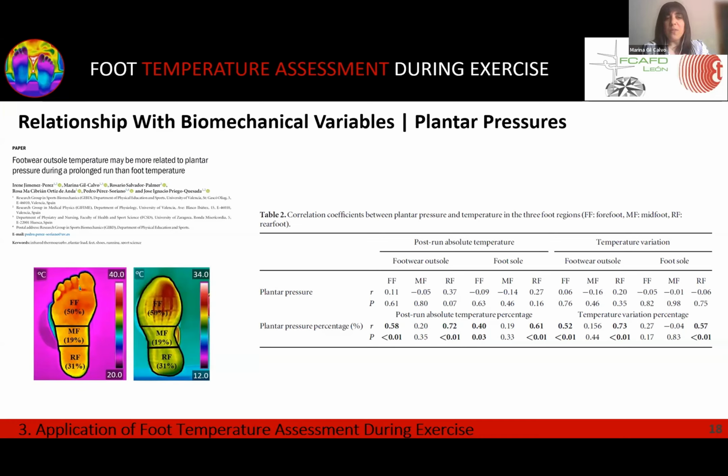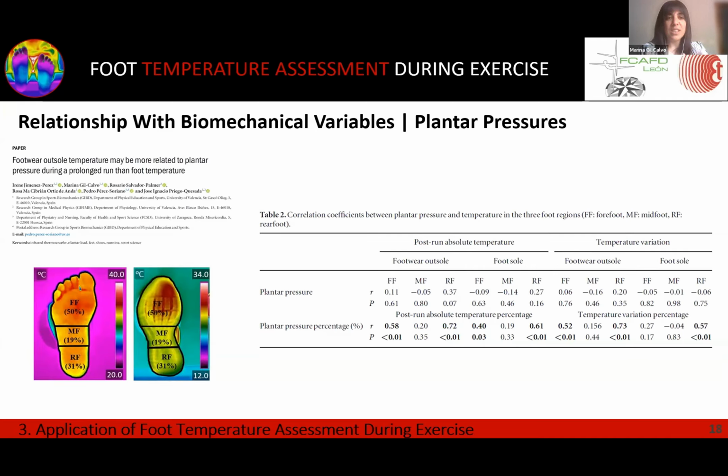But what we found here was that this correlation was not reflected with the skin temperature of the foot soles, but with the outer sole of the shoe. So we tried to find an explanation of what happened here.